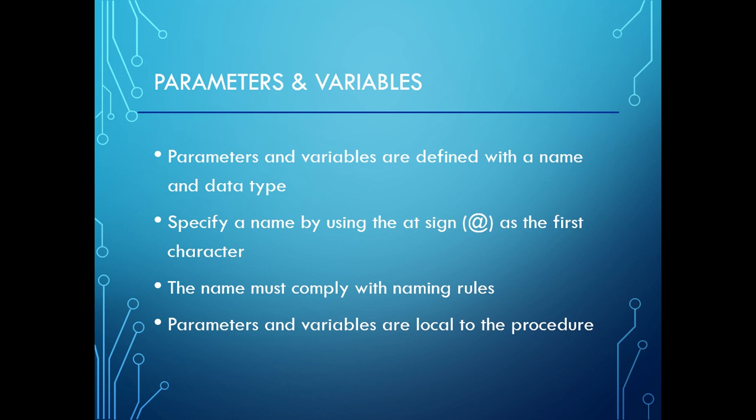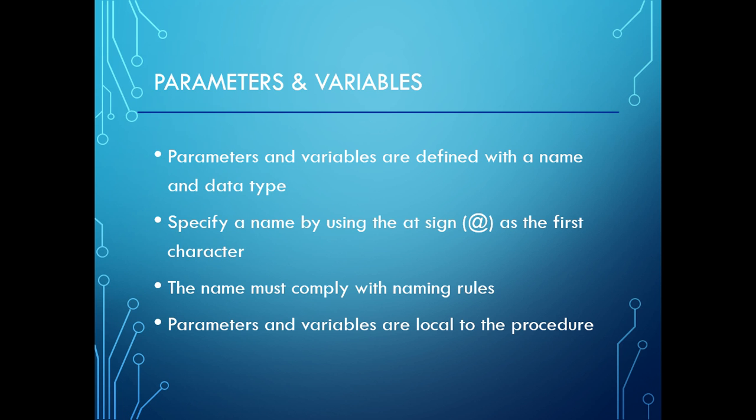So let's talk about parameters and variables. To define a parameter and a variable, we have to use the @ sign as the first character of the name. That is how SQL Server knows it's either a parameter or a variable. We have to give it a name, and we have to give it a data type. So parameters and variables are local to the procedure.